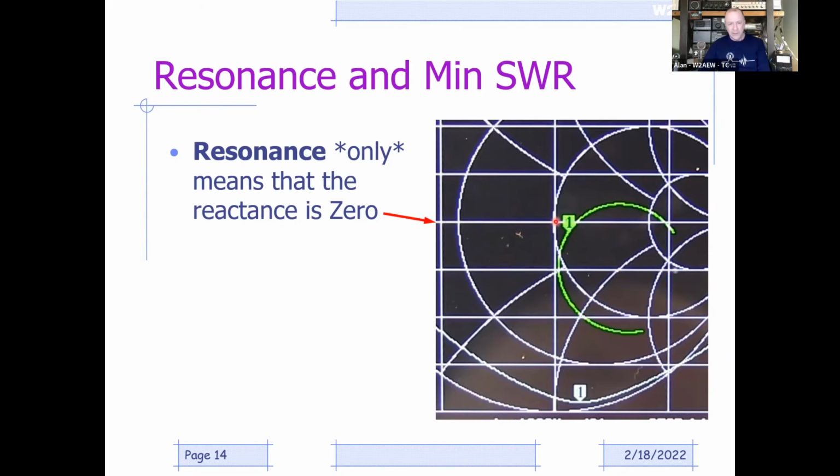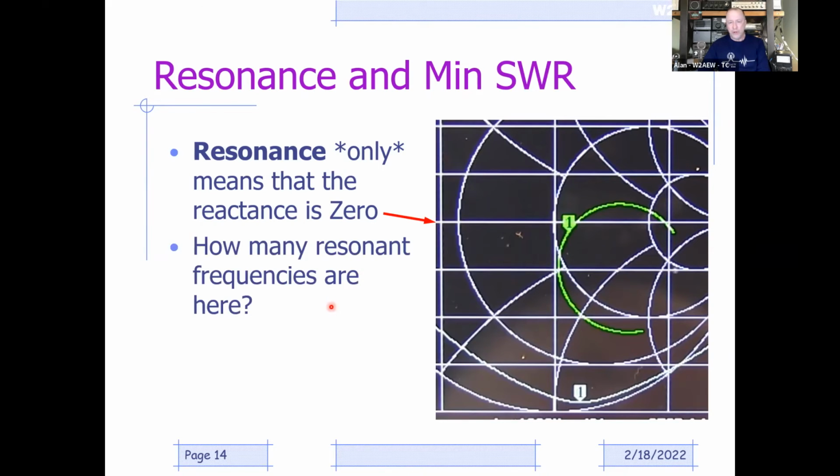All right, so if we take a look at that, I've got the marker at the point that's closest to that. But now, how many resonant frequencies are there on this curve? There's one right there, and there's another one right there. So I actually have two. This antenna and its coax is resonant at 2 frequencies, but neither of those is where the minimum SWR is.